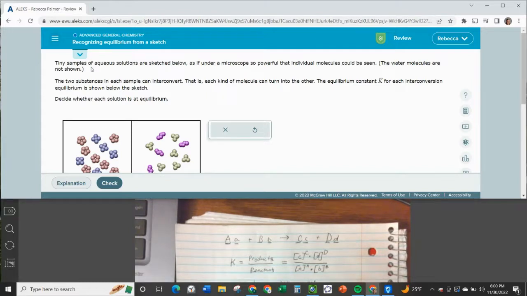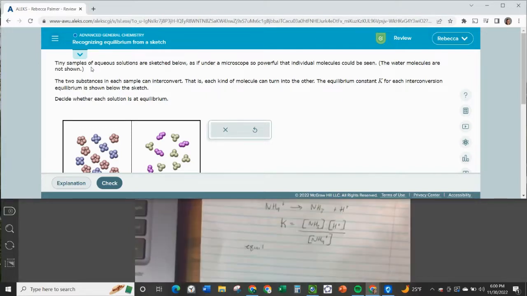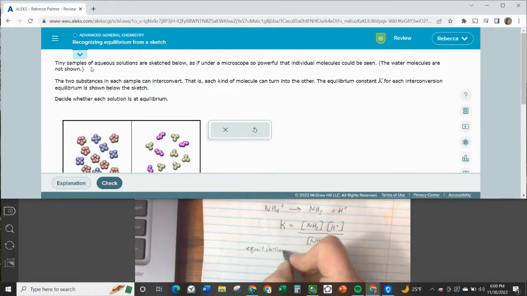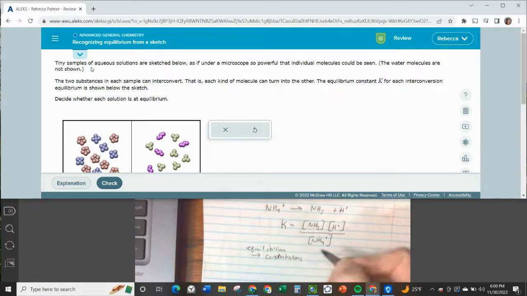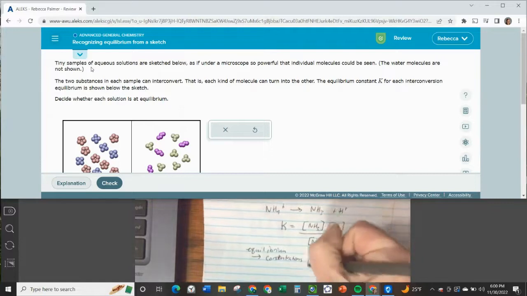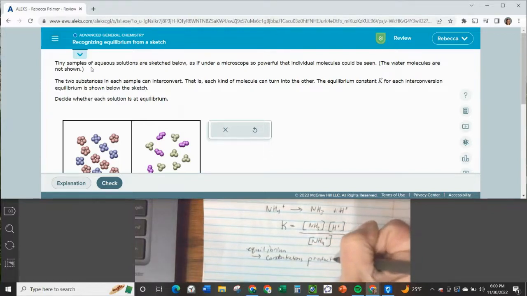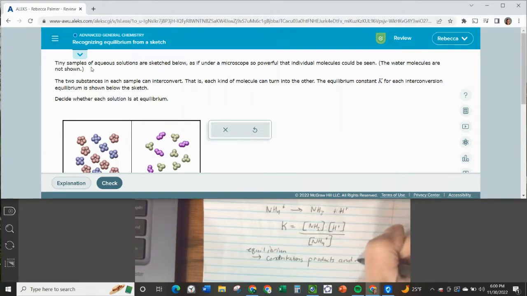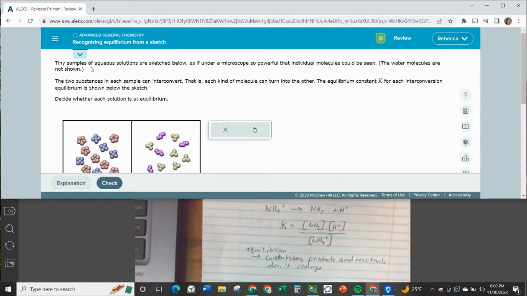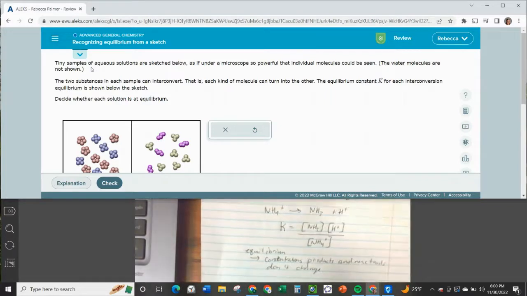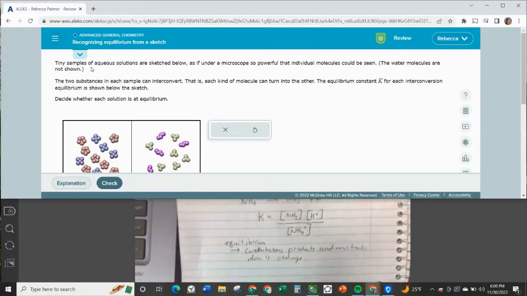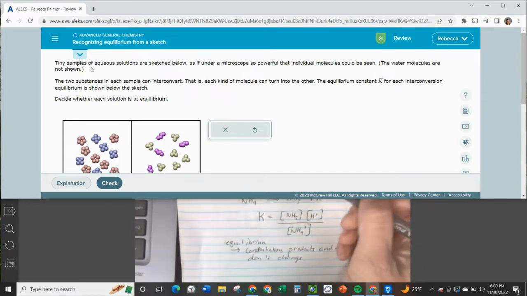So if something is at equilibrium, the concentrations or the amounts of the products and the reactants don't change. So this is something that you have to do an experiment and see where the equilibrium sits. You have to measure the concentrations of the products and reactants.